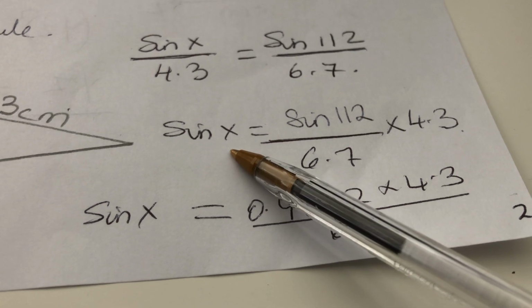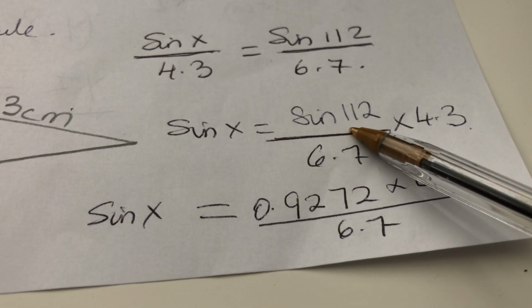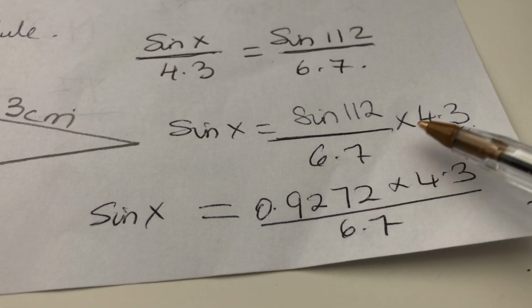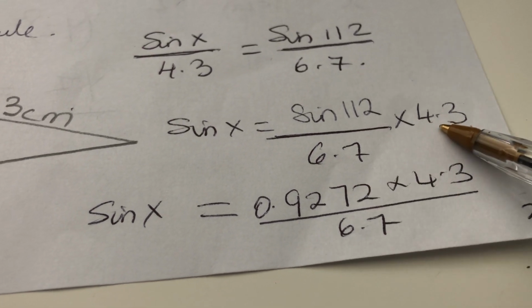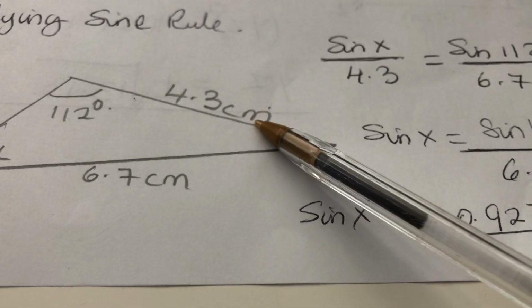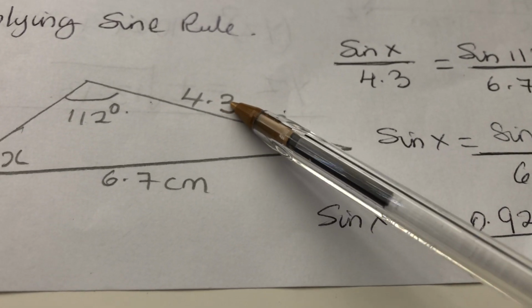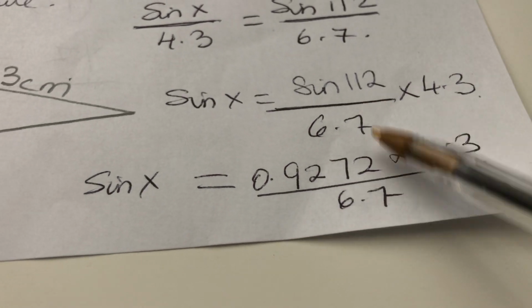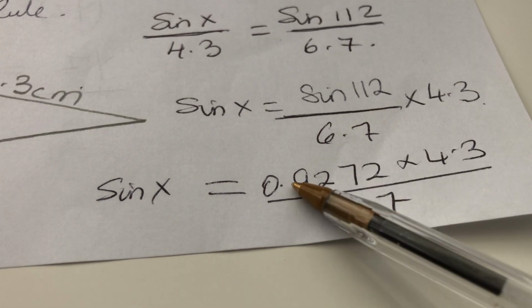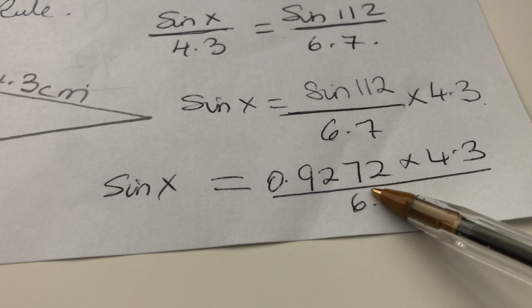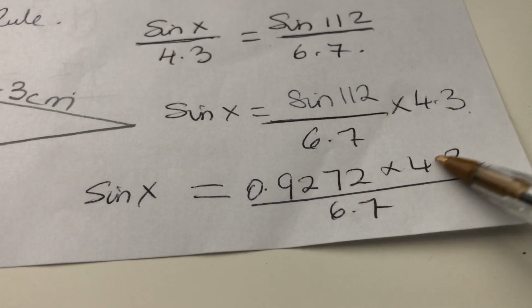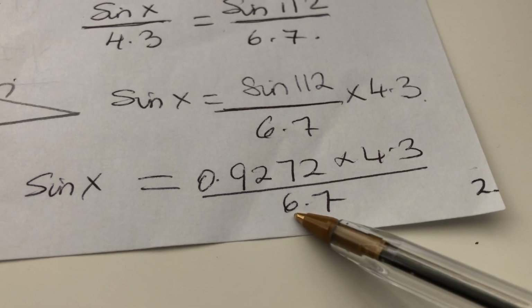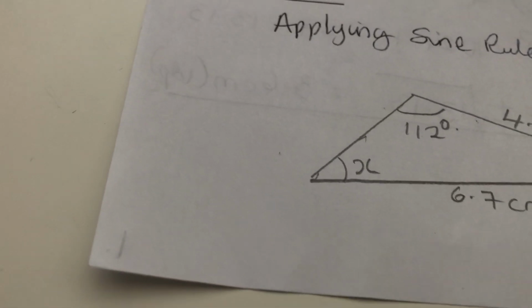So sine x will be sine 112 divided by 6.7 times 4.3, and it's in centimeters. So sine 112 is 0.9272 times 4.3, all divided by 6.7.